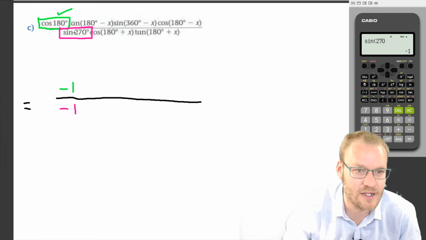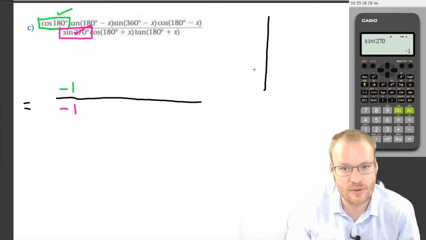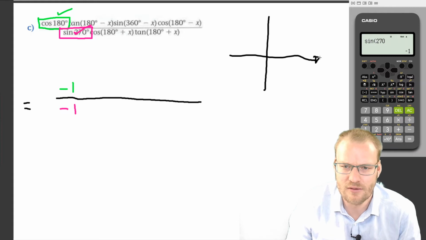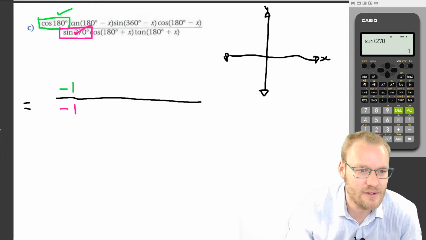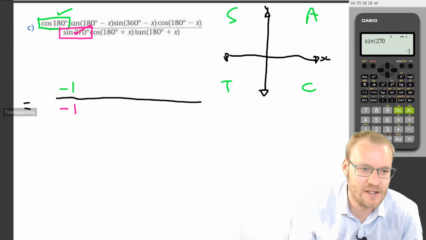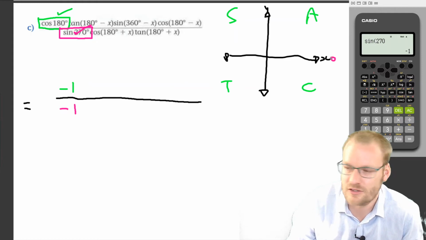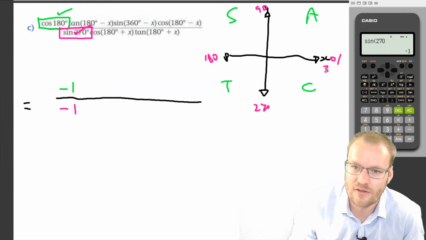Those two are done. Now let's keep moving our way around, and of course, what do we have? Our trusty and squiggly cast diagram. And here we go, xy. We know we've got C, A, S, T, and we're starting at 0, and we go around to 90, 180, 270, 360.